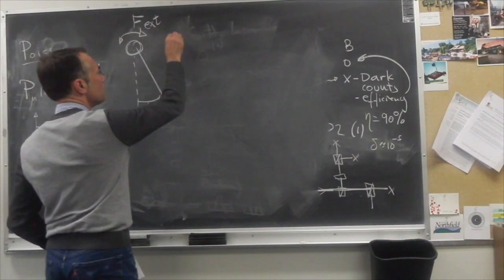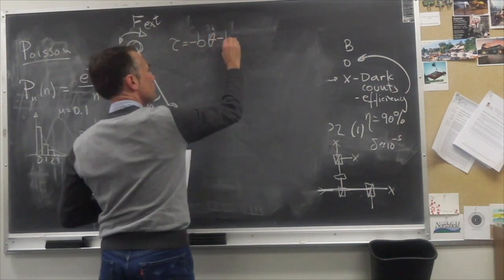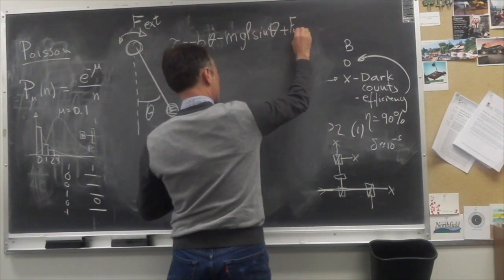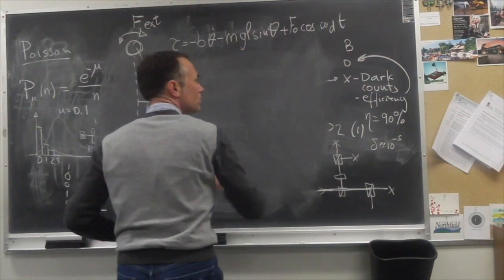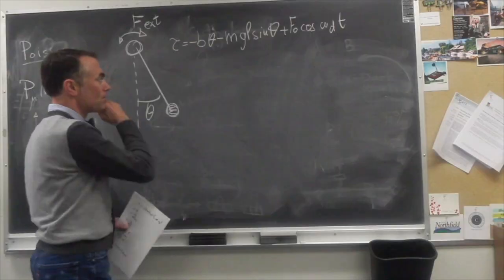We want to describe the temporal evolution of the angle theta. We have the dissipative term proportional to velocity, as usual, minus b times theta dot, and the weight contribution in the theta direction as mgL sine of theta, and the periodic external forcing as f naught times cosine of omega, the forcing frequency, times t.